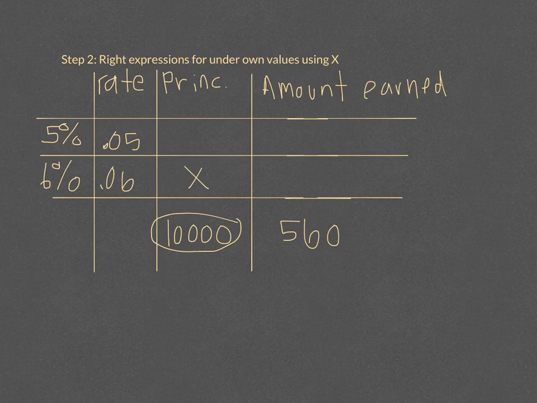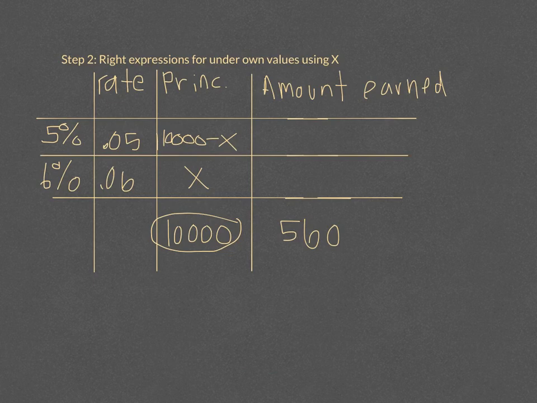It would be your $10,000 and you took X amount out for the 6% rate. So those are the two amounts that go into the principal for each rate. Now, that is just really assigning our variable.